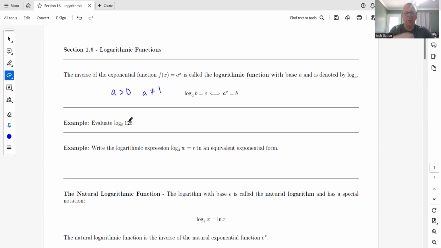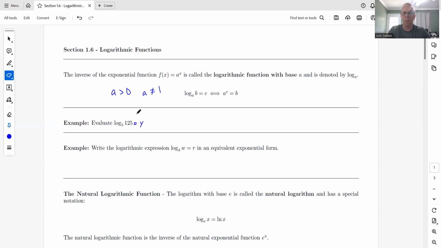So let's look at this. You can do some of these without a calculator, and this is one that you can do without a calculator. So the way to do this is we want to convert this, so you could say this equals y.